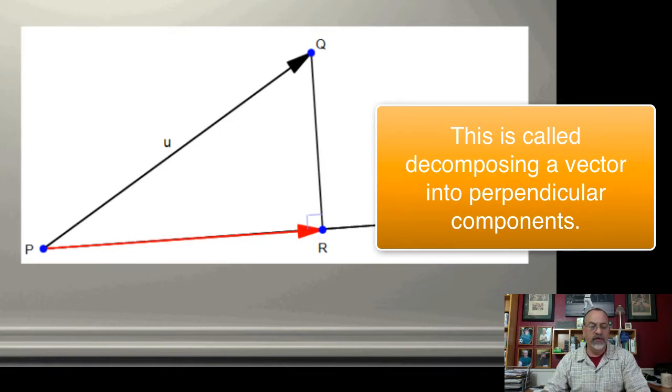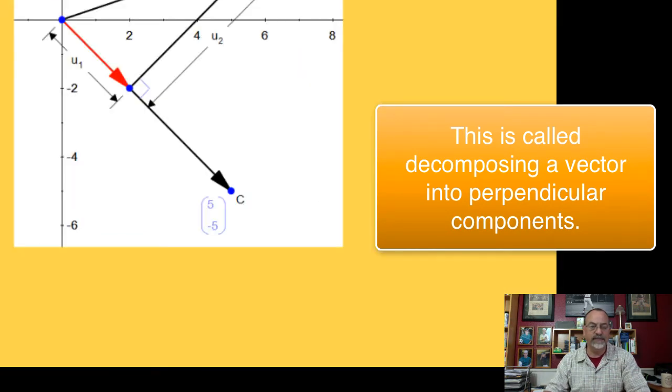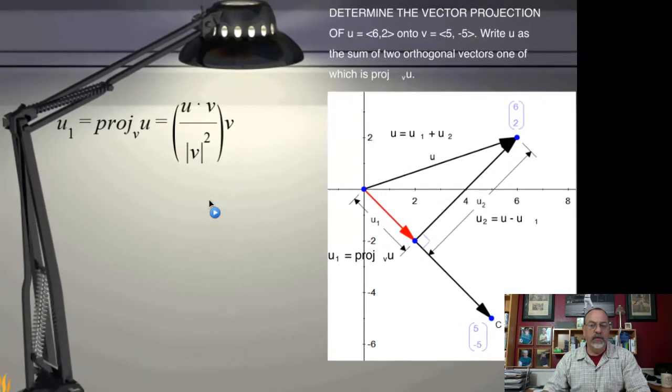Now, the formula for determining this vector involves the dot product that we've been talking about in this lesson. The projection vector, okay, so if I have this red line here, the components of that vector are determined by taking the dot product of this U vector and this V vector, which is this longer one.